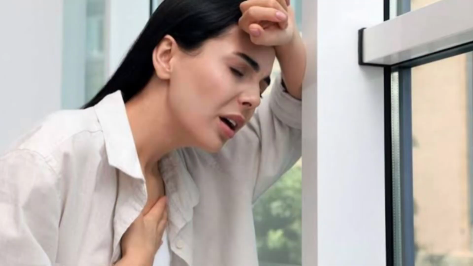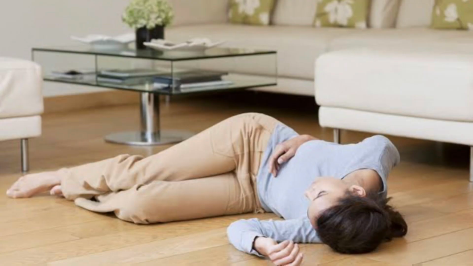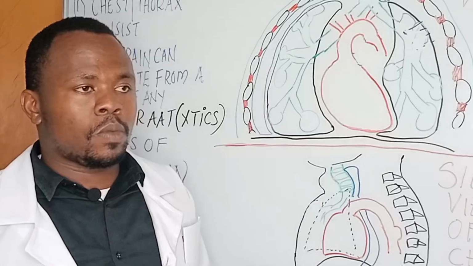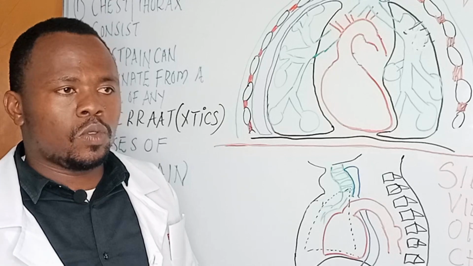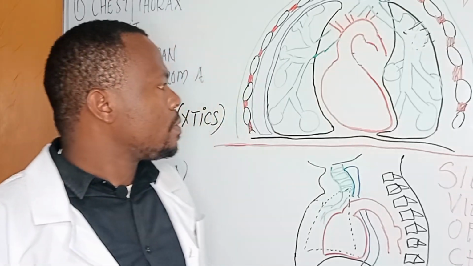You may also have cold sweats, dizziness, headache. You may also have weakness, fainting, and also you might experience nausea and vomiting. Nausea and vomiting most of the time is related to what we call a heart attack.